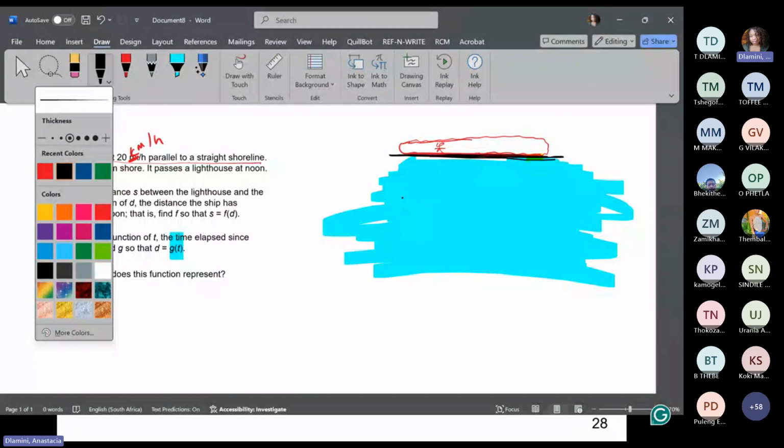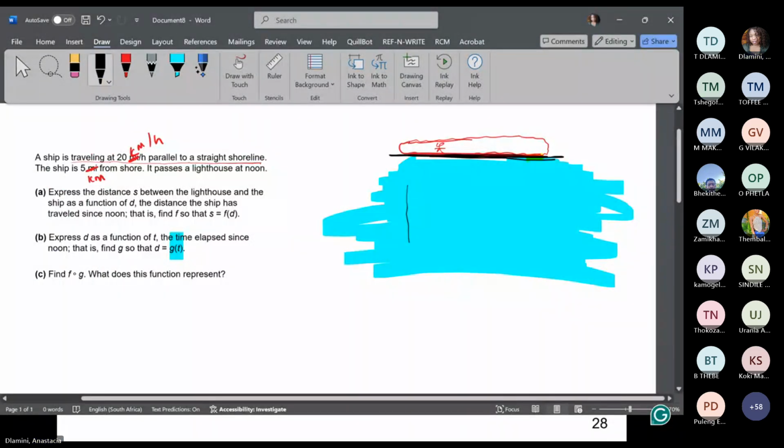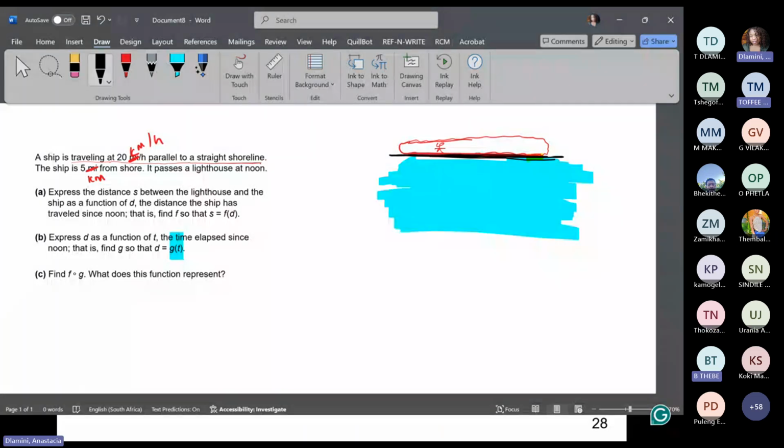Is the ship traveling like this, guys? No. It's not traveling like that, but like this, or like that, because this line is parallel to the shoreline.